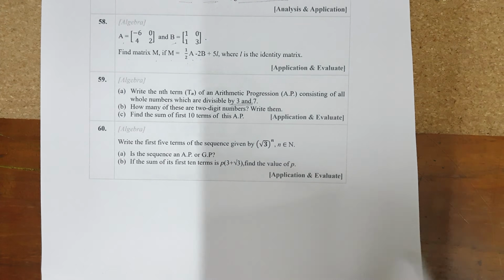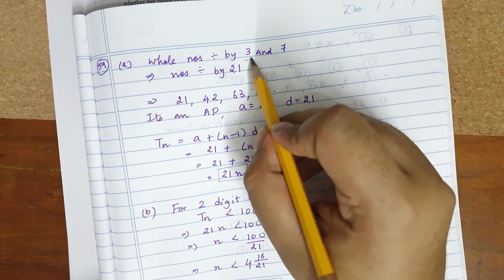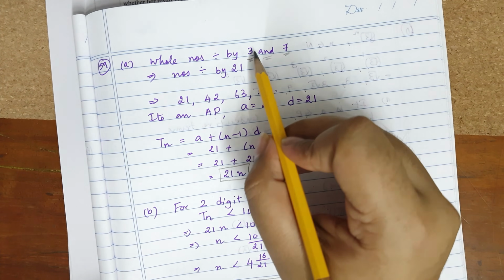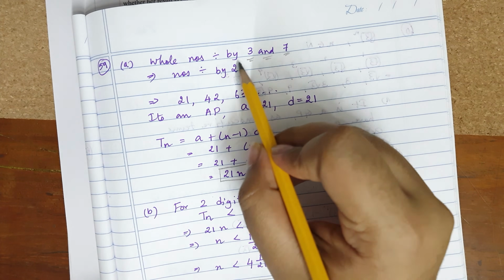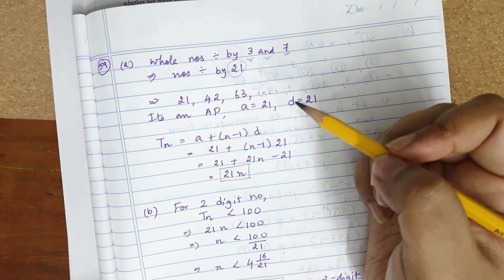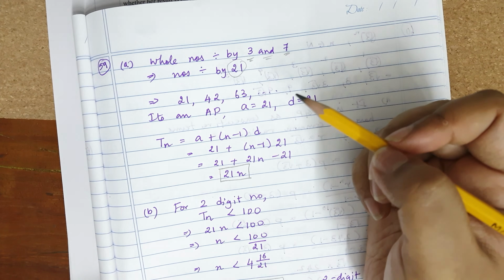So now if I have any whole number which is divisible by 3 and 7, it has to be also divisible by 3 times 7, 3 into 7, which is 21. So we are basically looking at all the multiples of 21. They are going to be divisible by both 3 and 7.